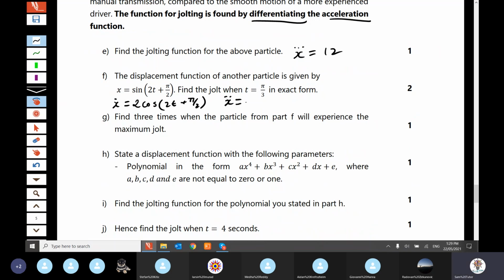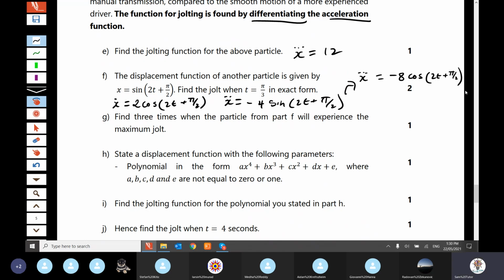Acceleration is negative 4 sin(2t plus pi over 2). And then jolt is x triple dot, the derivative of negative sine, which is negative cos. So negative 8 cos(2t plus pi over 2).